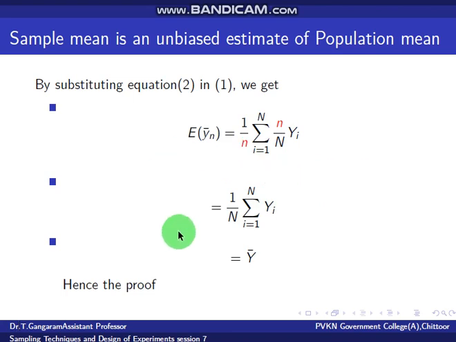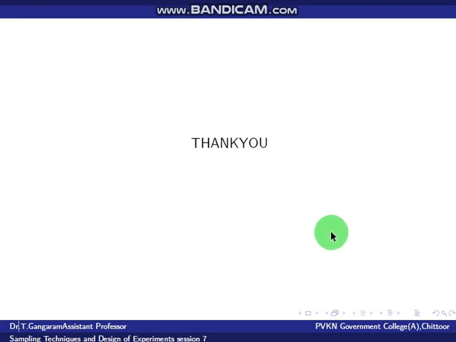This is nothing but our population mean. So we proved expectation of small y bar is equal to capital Y bar: sample mean is an unbiased estimate of population mean. Thank you.